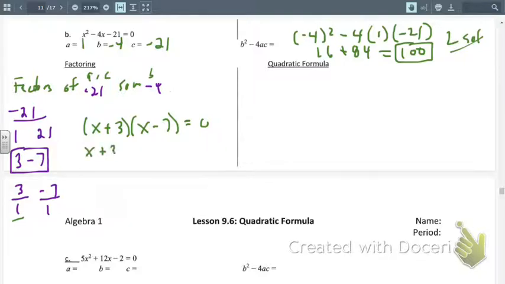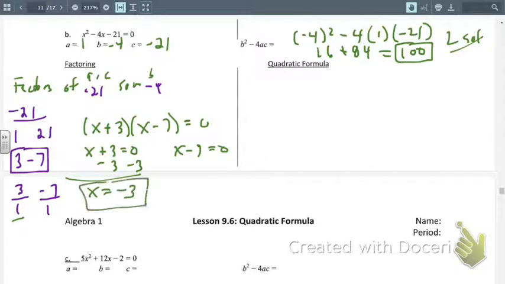So x plus 3 equals 0, x minus 7 equals 0. Subtract 3 from both sides, so x equals negative 3. Add 7 to both sides, x equals 7. Okay, let's now use the quadratic formula to solve.